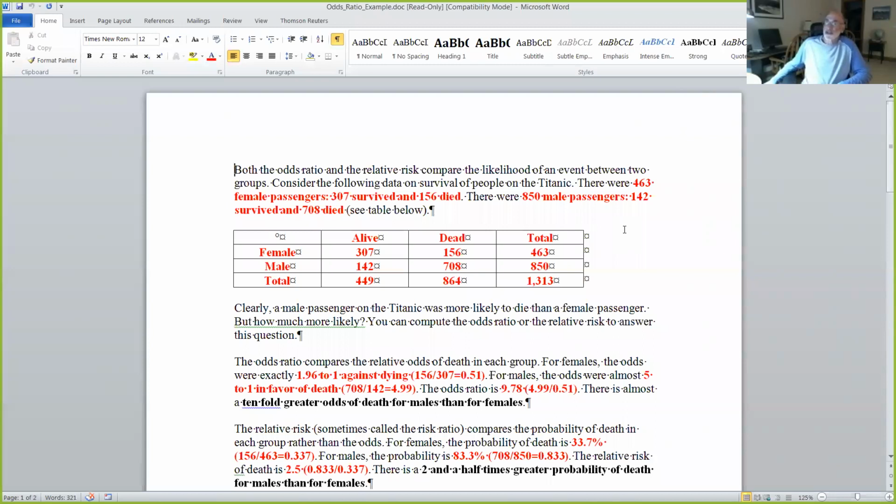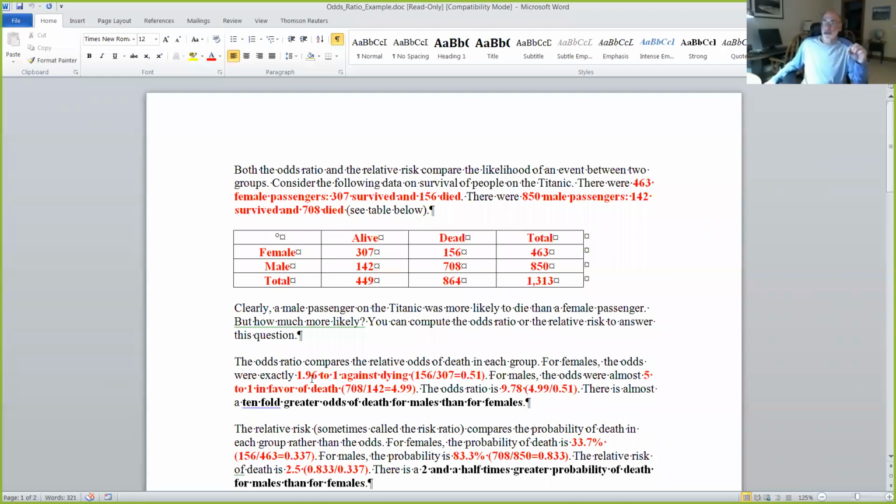So in this case, it's very clear a male passenger was much more likely to die than a female passenger. The question we're trying to answer now is some quantitative statement of how much more likely. The odds ratio compares the relative odds of death in each group. Odds are defined as the probability of something happening divided by the probability it doesn't happen.